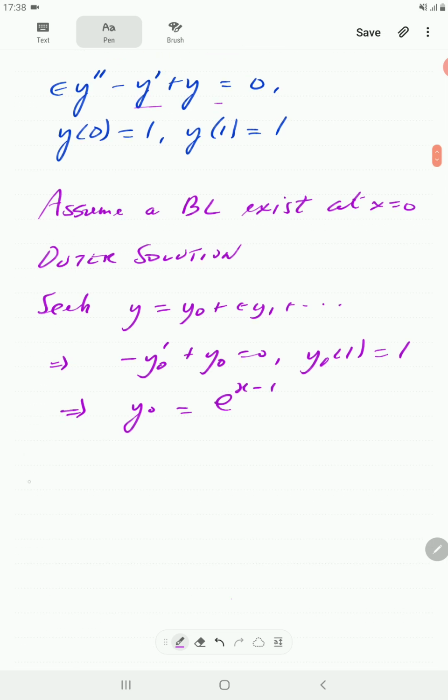Then we're going to do the same thing in the inner region, which is going to be in the neighborhood of x equals 0.